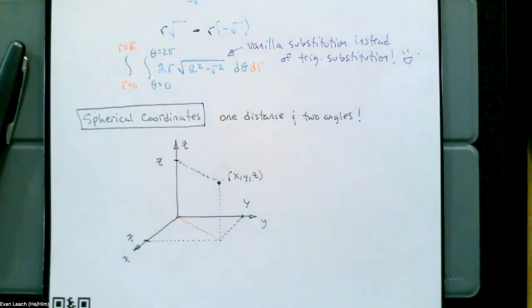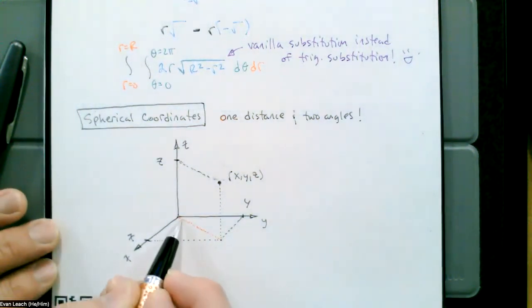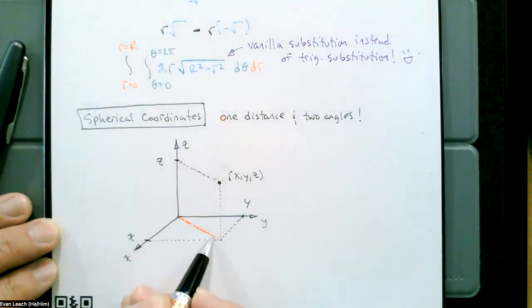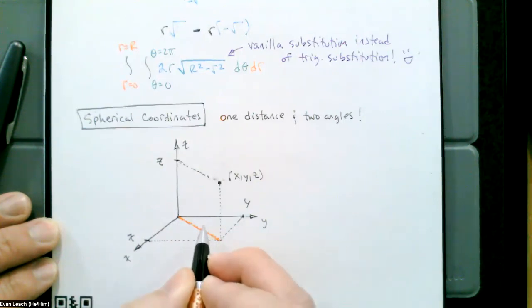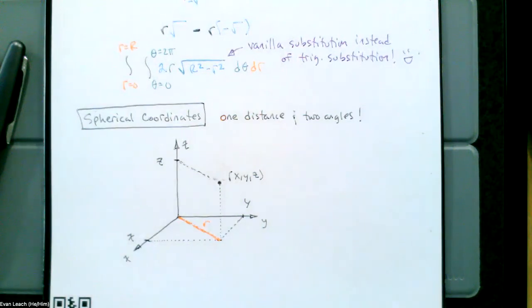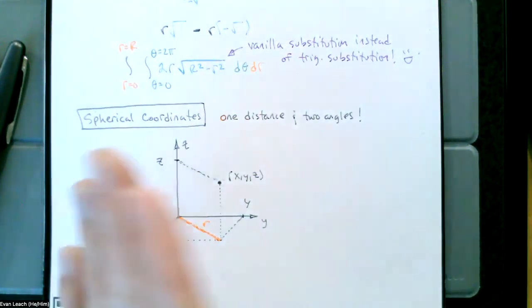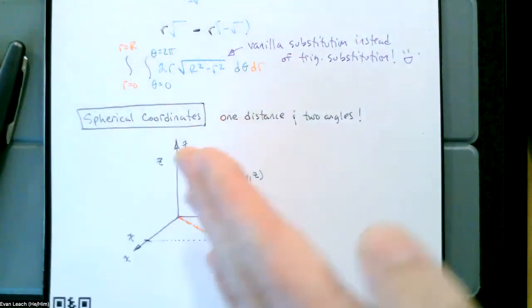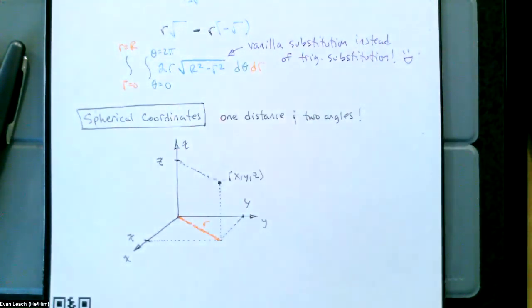The polar coordinates, I would care about the distance here, that would be the length r. And I would care about the angle. Try to view this swinging door from the XZ plane, kind of swinging around towards the y-axis.